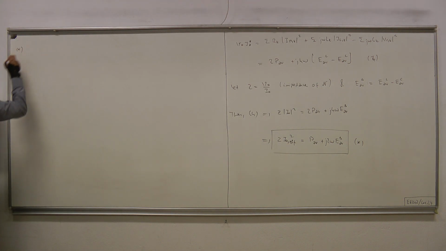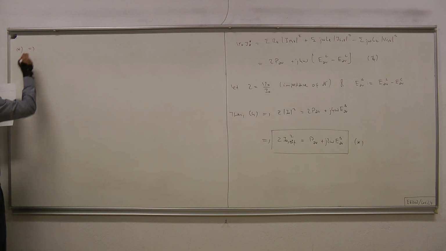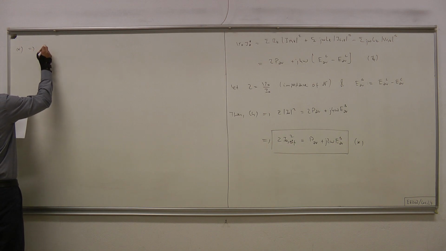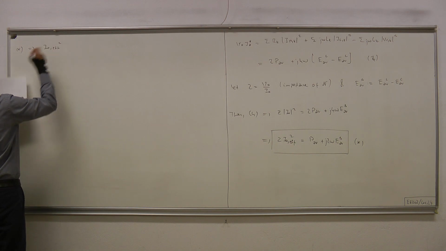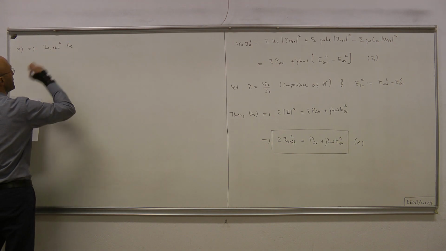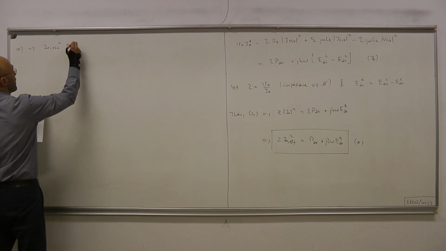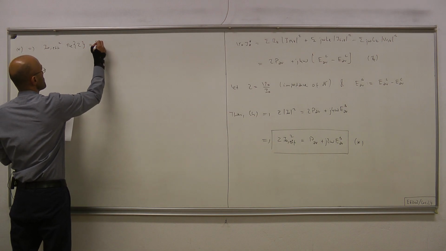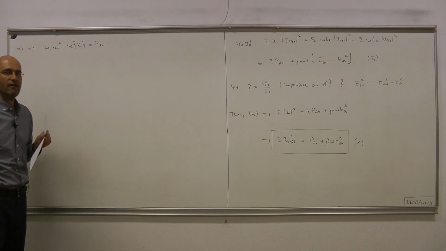Now, this is our key equation of this lecture, star. Star implies that I0 effective square times the real part of the impedance Z equals P average.